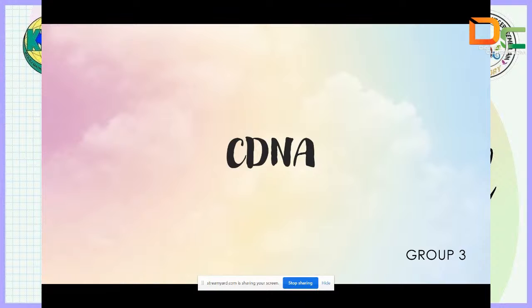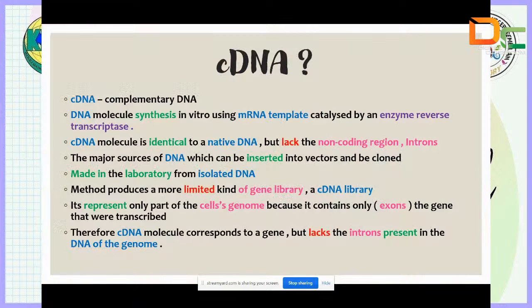Today we're going to talk about cDNA. So cDNA, the C stands for complementary DNA. cDNA is complementary DNA.